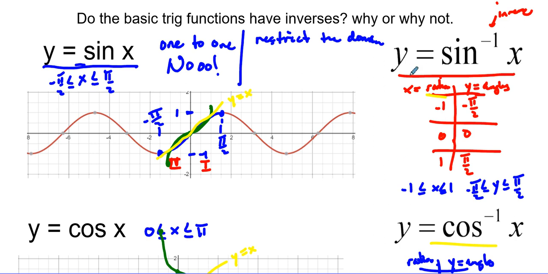Just remember, when you find the inverse sine, it's going to be a restricted graph with outputs from negative pi over 2 to pi over 2 and inputs between negative 1 and 1, because those are our ratios. But we only get angle outputs either in the fourth quadrant or in the first quadrant.